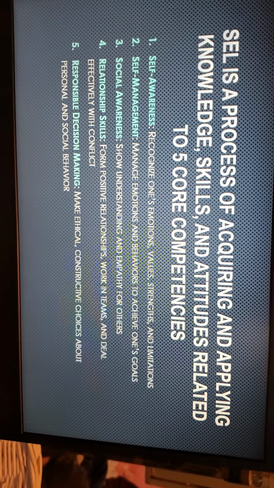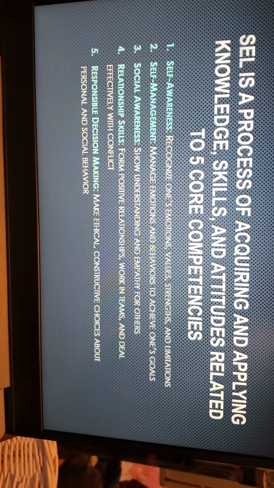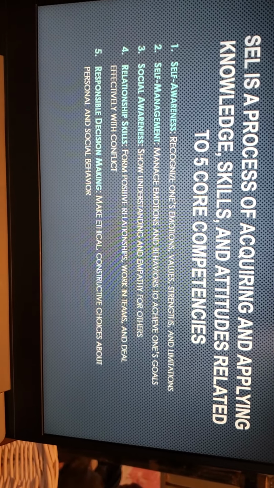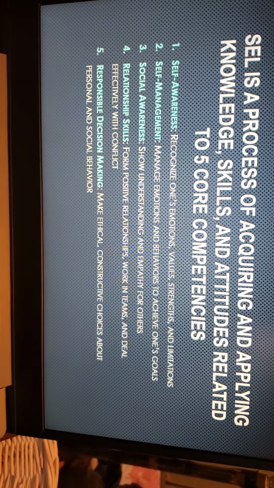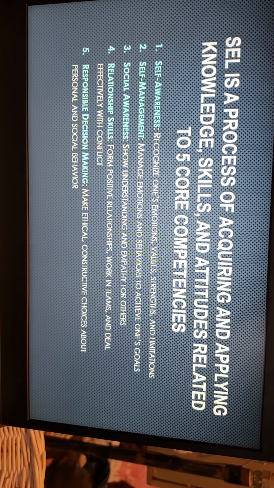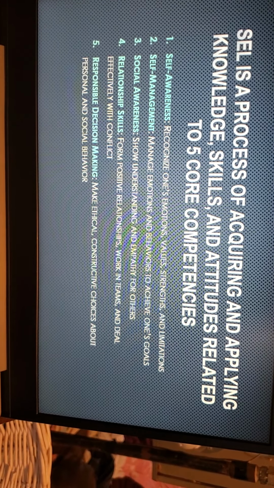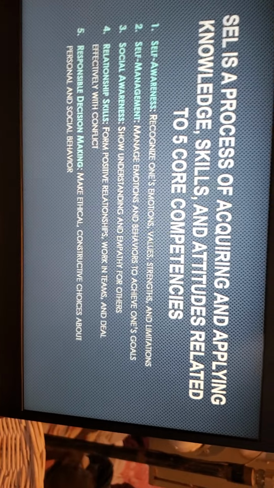They list 5 core competencies: self-awareness, self-management, social awareness, relationship skills, and responsible decision making.